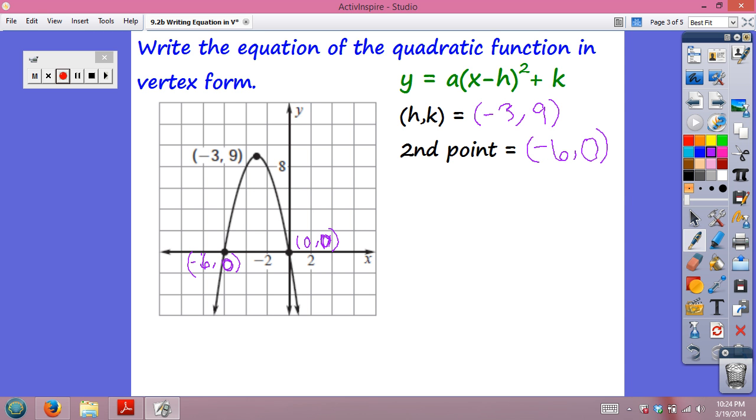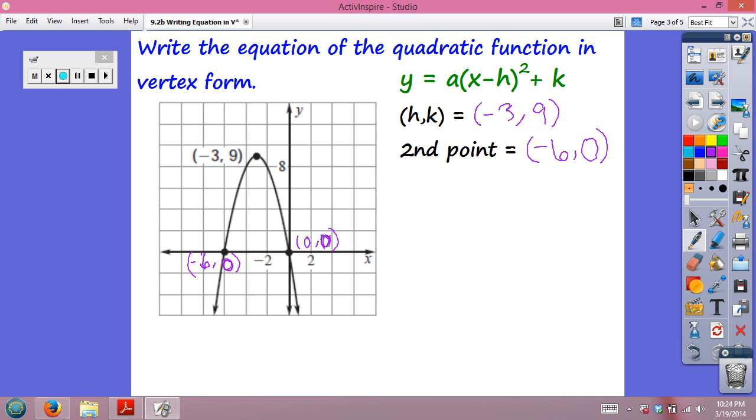Just so we can see how things are plugging in and how we're solving things, because we're not always going to get a very nice point like 0, 0. So if you'll remember, after we find our (h, k), the first thing that we're going to do is plug our (h, k) into our equation.